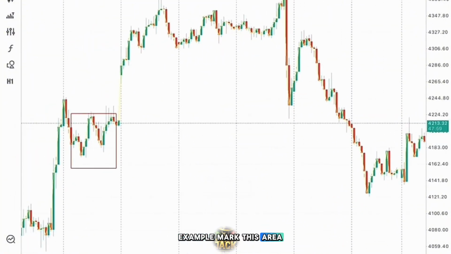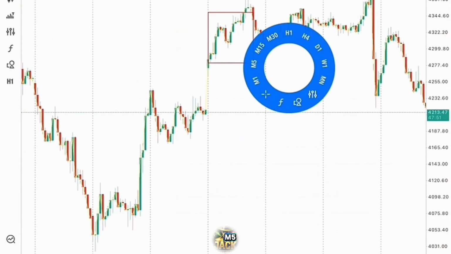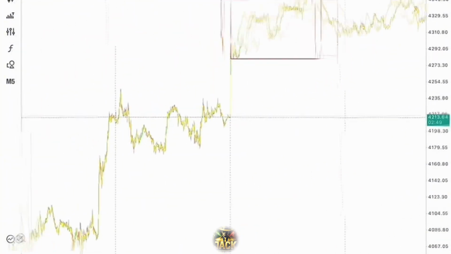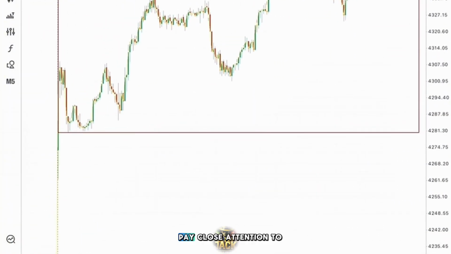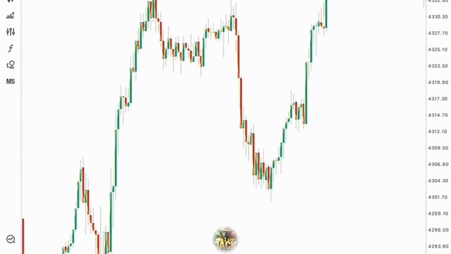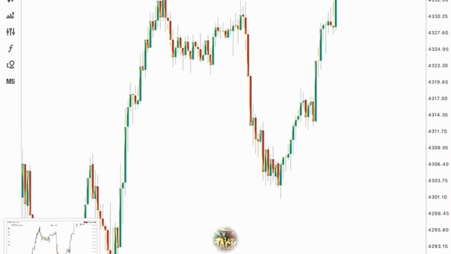You mark this area. Now let's drop down to M15, let's go to M5. Pay close attention to this.